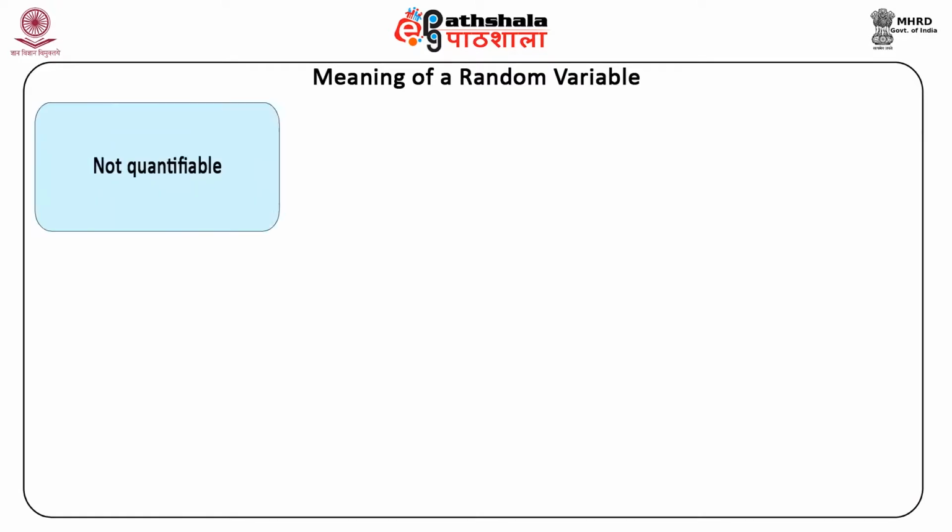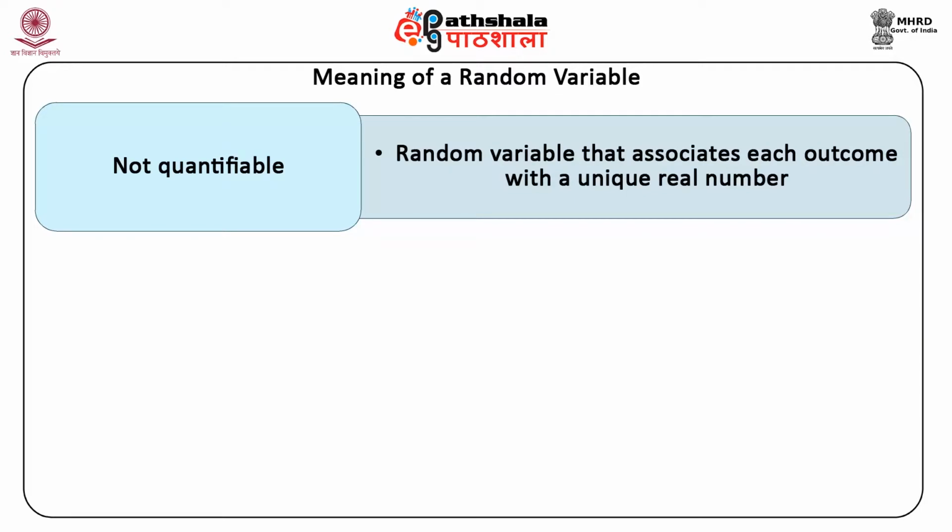When outcomes are not quantifiable, we define a random variable that associates each outcome with a unique real number. For example, suppose a battery manufacturer randomly selects 3 batteries from a large batch to be tested for quality, which is defective or not defective.